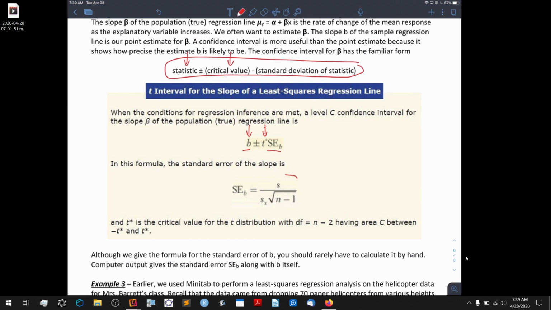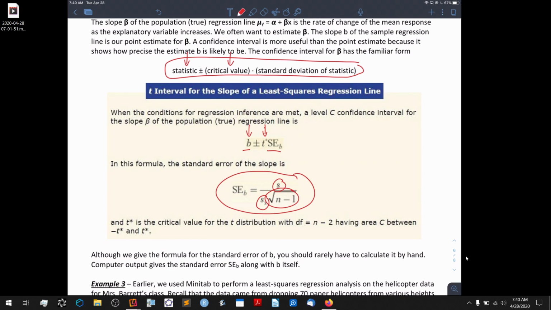And they give you the formula for the standard error of the slope. Again, this is not really something that you have to calculate. If you want to know what these things mean, this means the standard deviation of the x values in the data set, and this means the standard deviation of the residuals, over that.